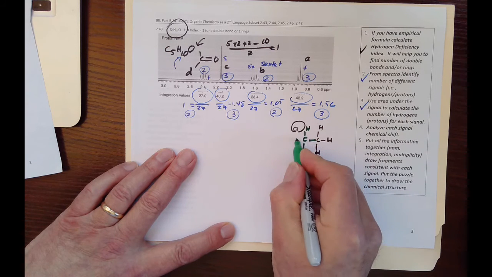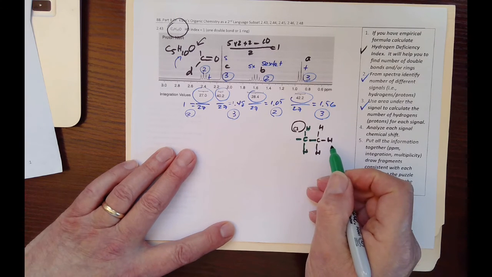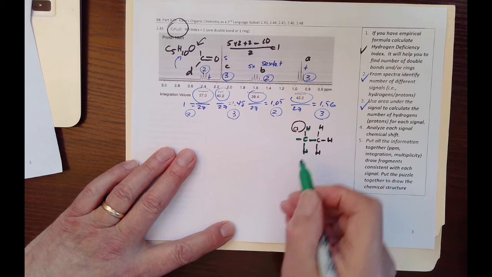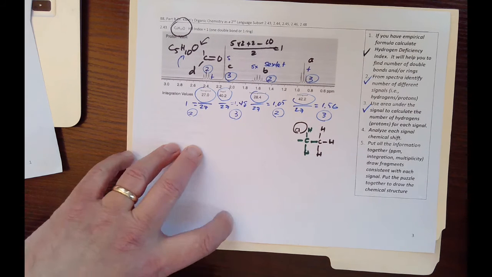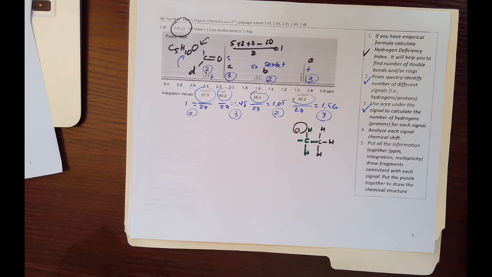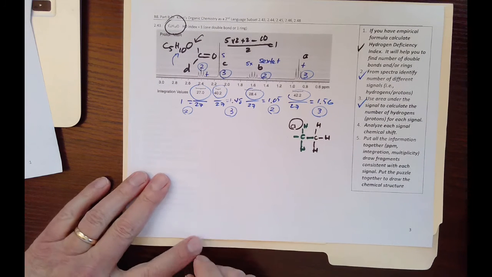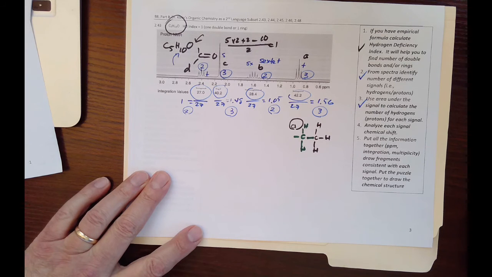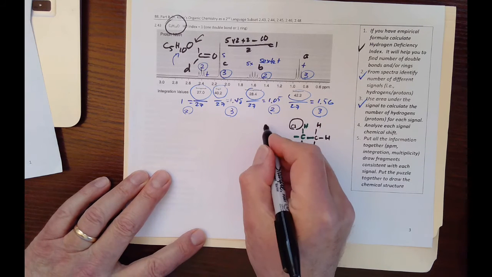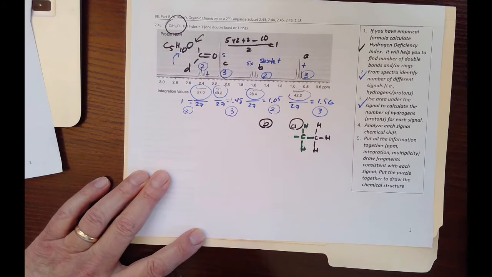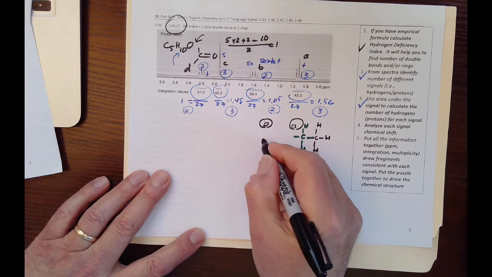I don't know what this is attached to, but I know the 3 hydrogen is attached to 2 hydrogen. If that's the case, then it becomes a triplet. So this is A. Now let's look at B. B is a sextet. There are 2 hydrogen that became 6 peaks. So let's draw the 2 hydrogen.